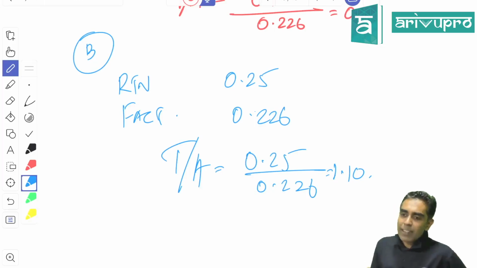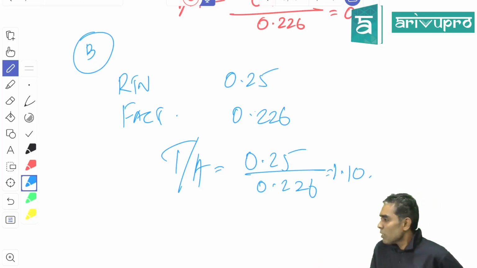I'm not looking at this question from the lecturer's perspective but from the student's perspective, and from that perspective this should have been a 20 mark question, not a 10 mark question. But what to do? They have given 10 marks. We'll have to go with their requirement.